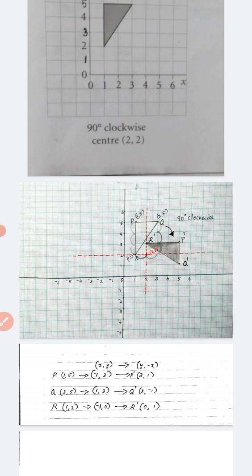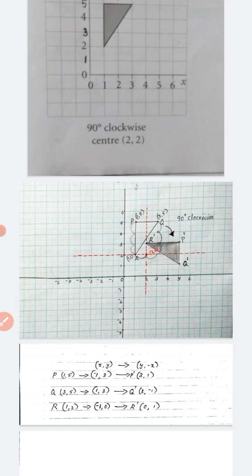So children, first plot the center of rotation. Imagine this is our origin and make the new x-axis and y-axis through this origin. Using them, find the coordinates of the vertices of the given figure.